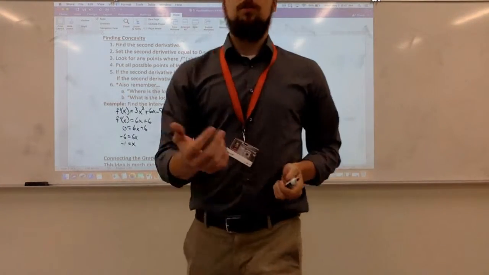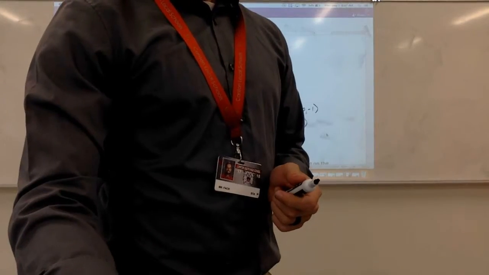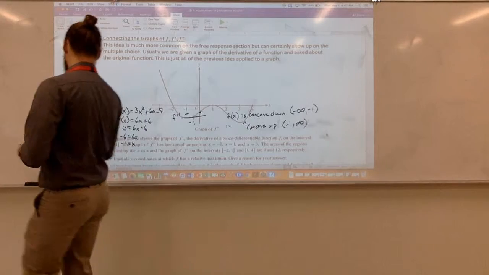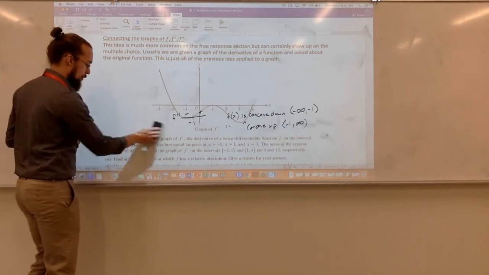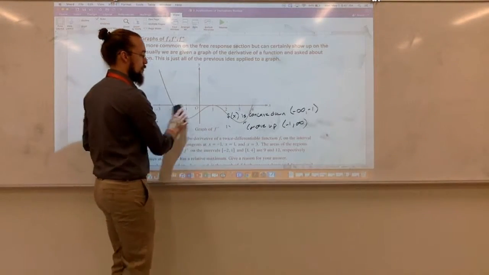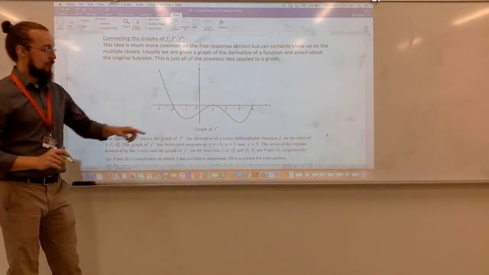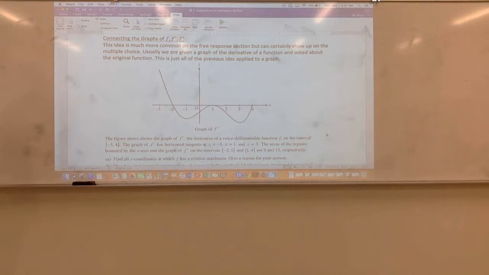All right. Then we brought all this stuff together and looked at connecting graphs. Okay? This is a pretty popular type of question on the AP test. And more often than not, you are given a graph of the first derivative and asked questions about the original function.